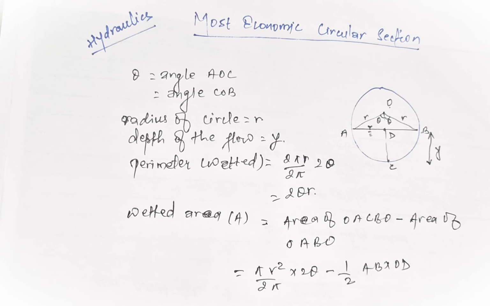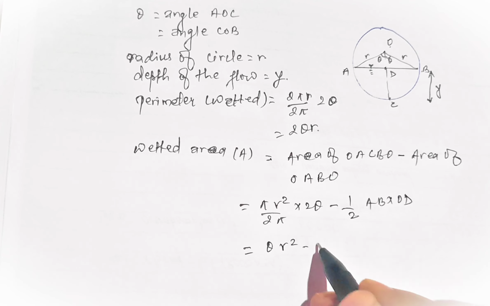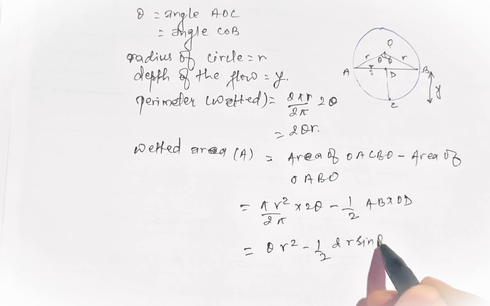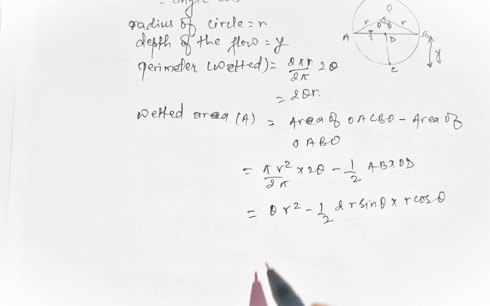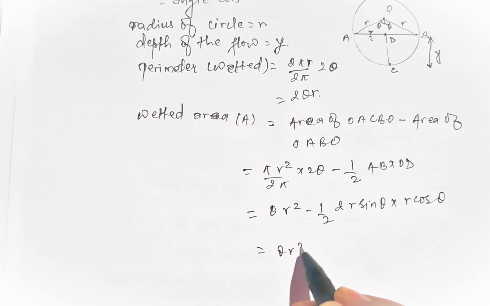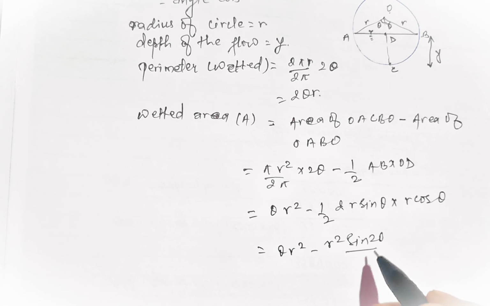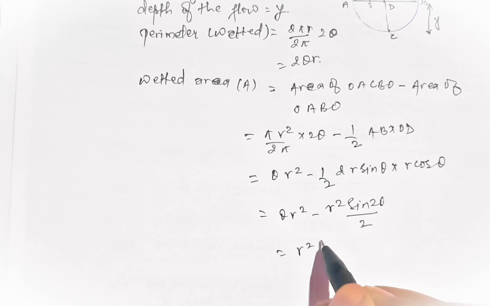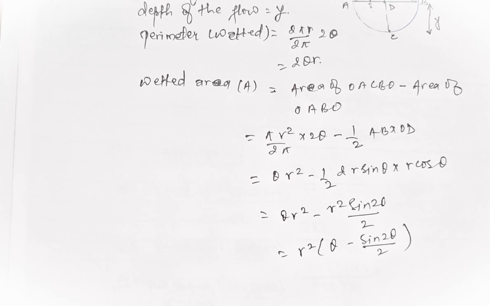Or this can be theta r square minus half of 2r sine theta times r cos theta. Simply this equals r square times theta minus sine 2 theta divided by 2. These are the basic parameters.